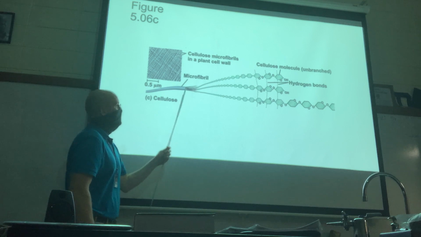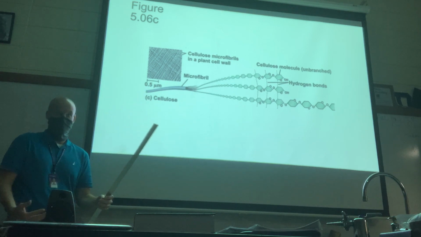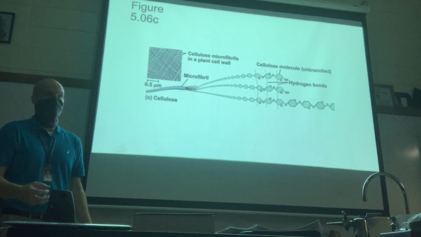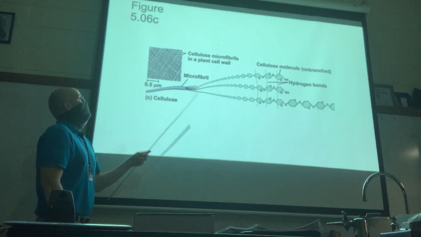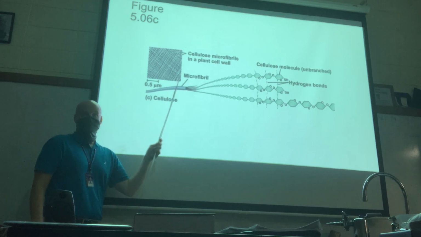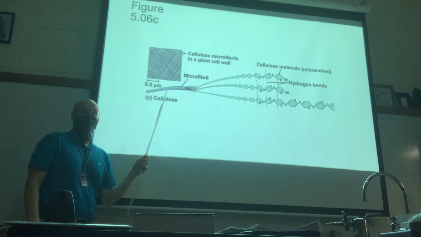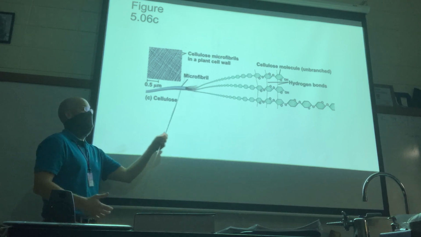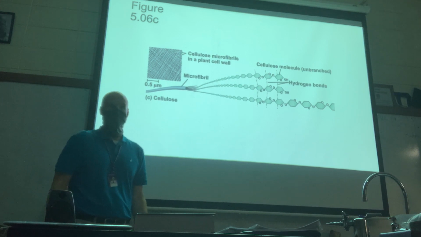But you have multiple chains that are woven together, and it's a much, much stronger kind of structure. You cannot digest this, but you eat it when you eat plant material, because plants use cellulose for all sorts of things. In fact, you're writing on cellulose right now.